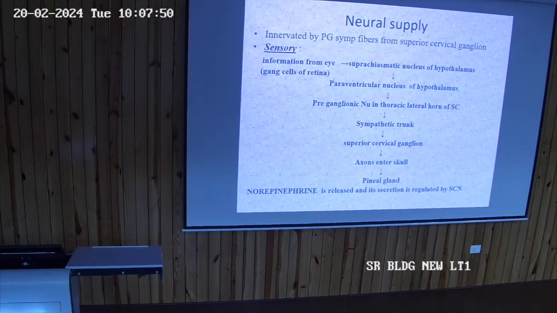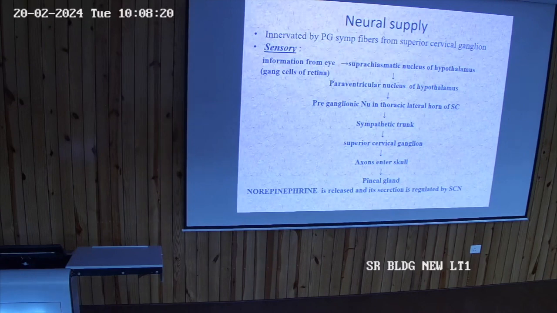During daytime, the secretion of norepinephrine is less. During darkness or night, the secretion of norepinephrine is more. This variation results in the formation of melatonin, which takes place in the pineal gland with the help of pinealocytes. The main component required for melatonin formation is tryptophan.